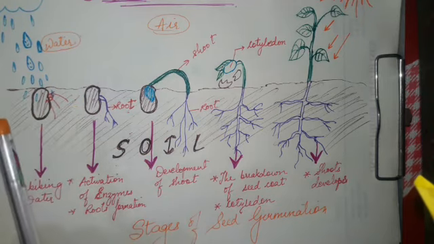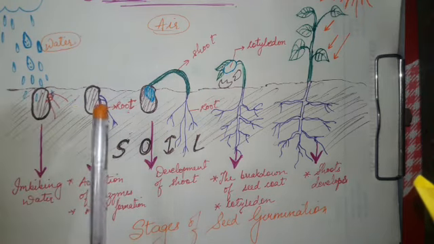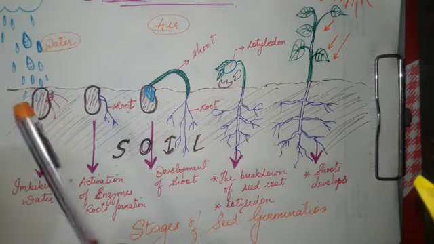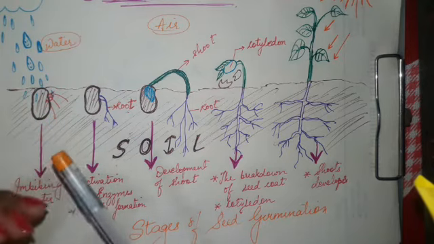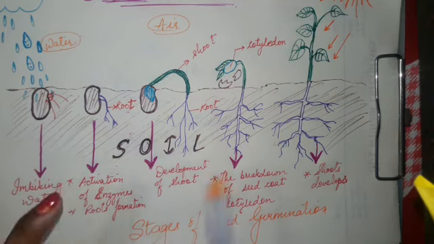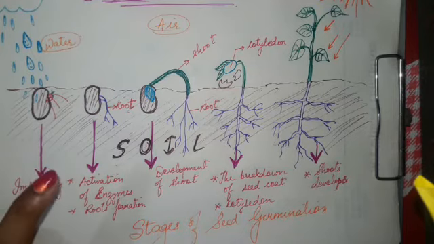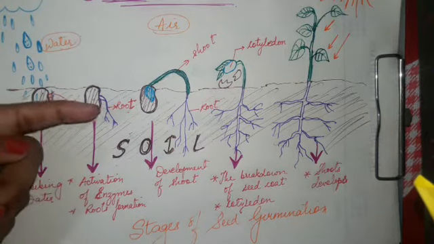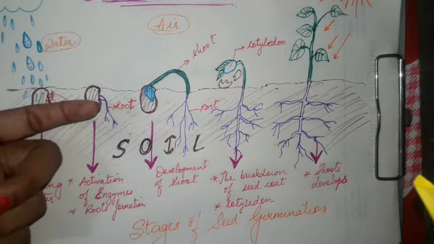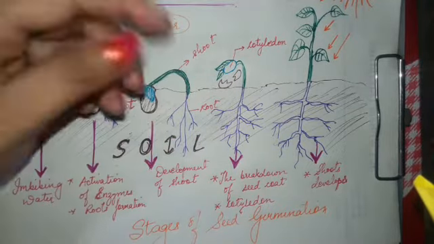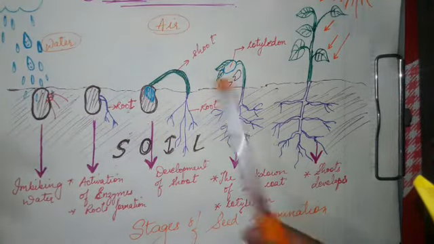The embryo which is present inside the seed, the small baby plant, after getting water, starts getting activated. How is it getting activated? Because of the enzyme activation. And when the enzyme gets activated, the roots are formed. After the formation of root, the second thing formed is the shoot.